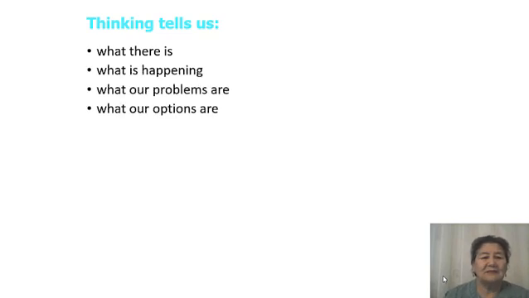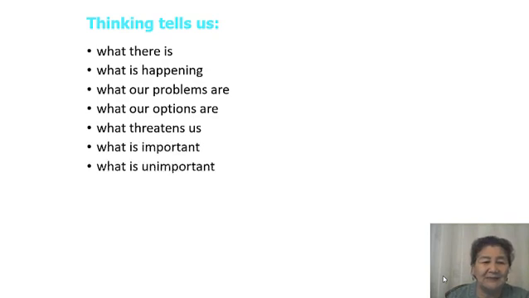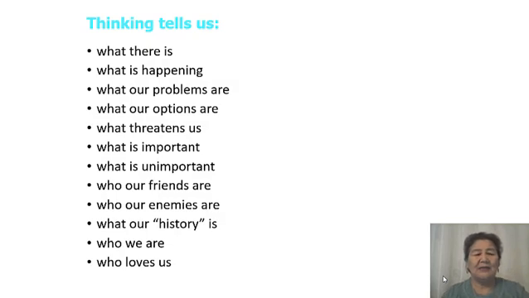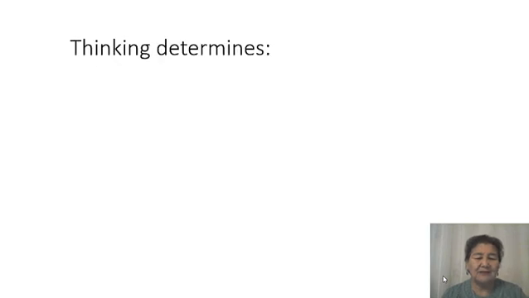Critical thinking tells us what there is, what is happening, what our problems are, what our options are, what threatens us, what is important, what is unimportant, who our friends are, who our enemies are, what our history is, who we are, who is us.